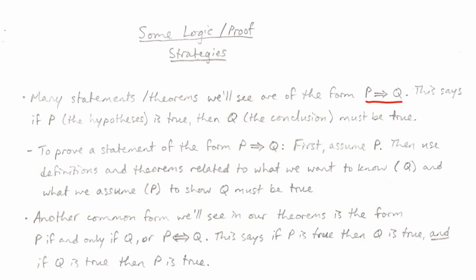If P, then Q. The next most common form that we'll see in the theorems that we're going to look at in this course is the biconditional. It's saying P if and only if Q, or with more mathematical symbols thrown in, we have P, and then a big arrow that's pointing both left and right at the same time, followed by Q. What this is saying is that if P is true, then Q is true, and if Q is true, then P is true.